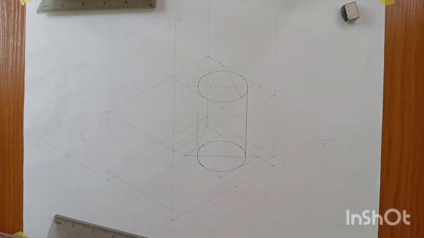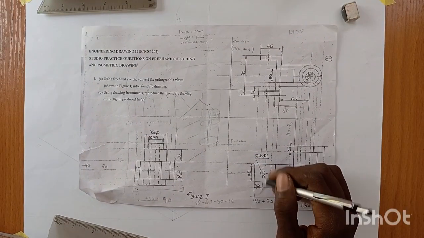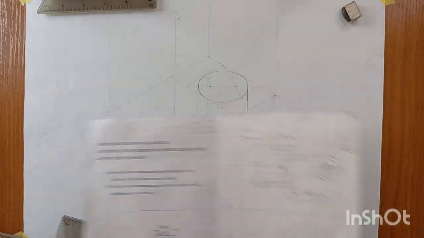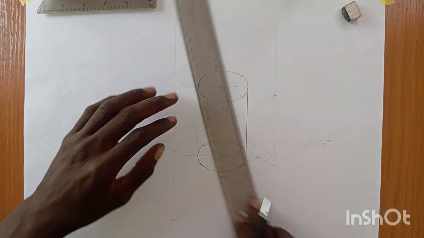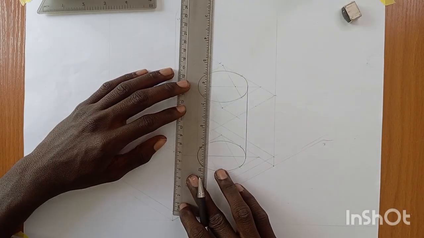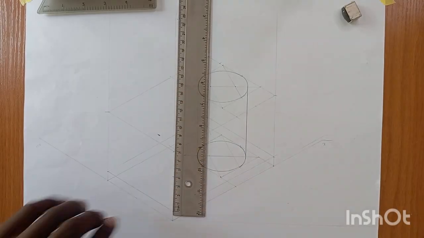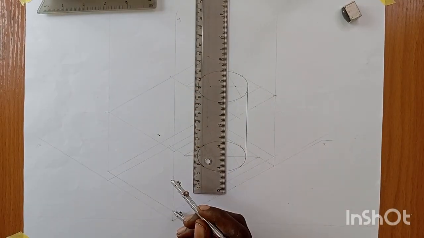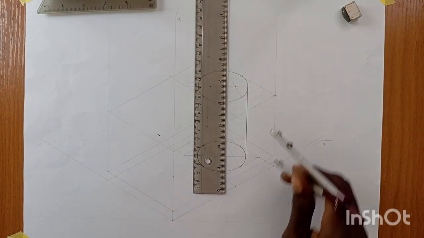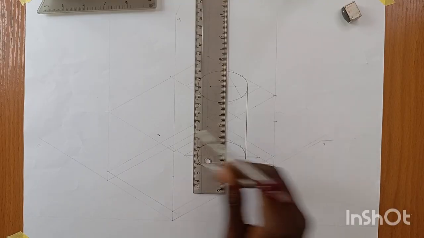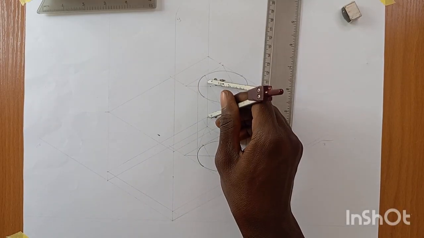Now the next thing to do is to draw this, which is 40 millimeter. So I'm going to take the 40 millimeter upward from your point 10 here. You take 40 millimeter. You can use compass for this. So from here to here is 40, and you can use this one here also. Strike an arc here. From this point, I want to strike an arc here.